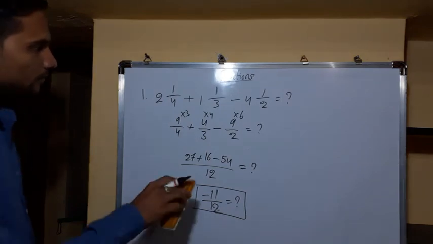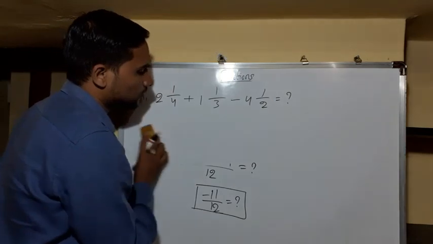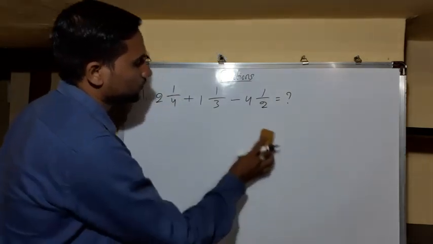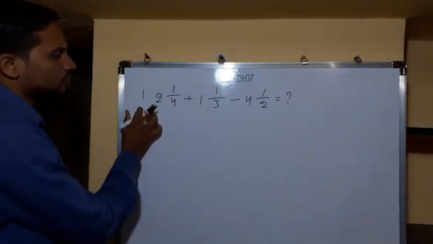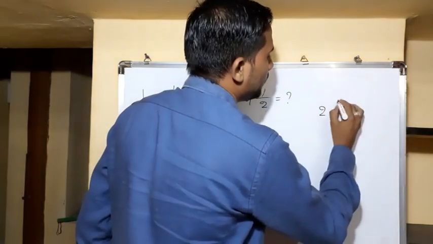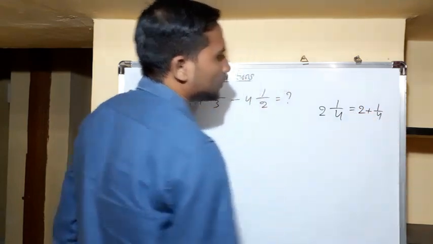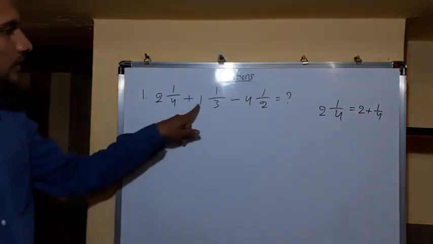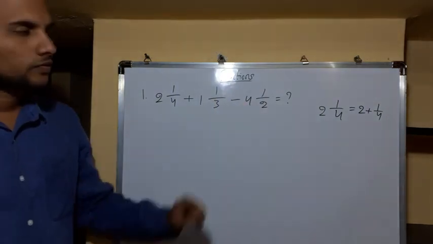So now the same problem with the short trick or with the rule, how will we solve? See here. So friends, what I said, 2 integer 1 by 4 can be written in the form of 2 plus 1 by 4, right? Similarly, this can be written 1 plus 1 by 3 minus 4 minus 1 by 2, right?